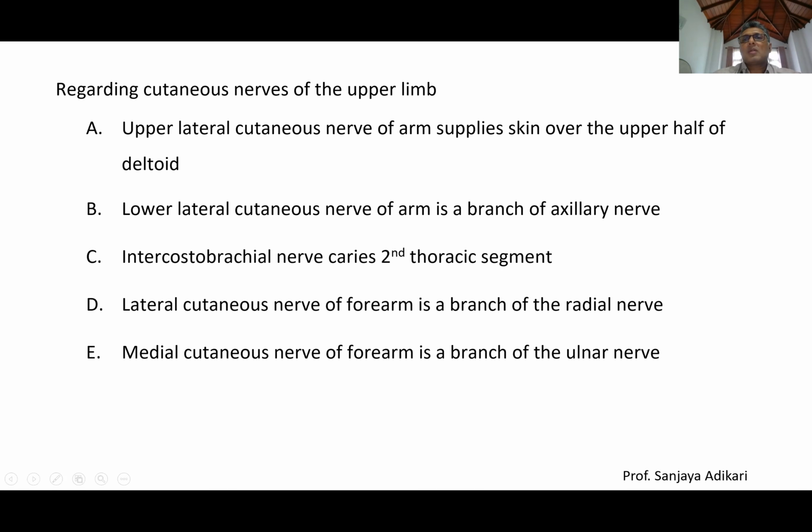Then, okay, this is a question on cutaneous nerves. Just try to answer it, just to break the monotonous lecture.